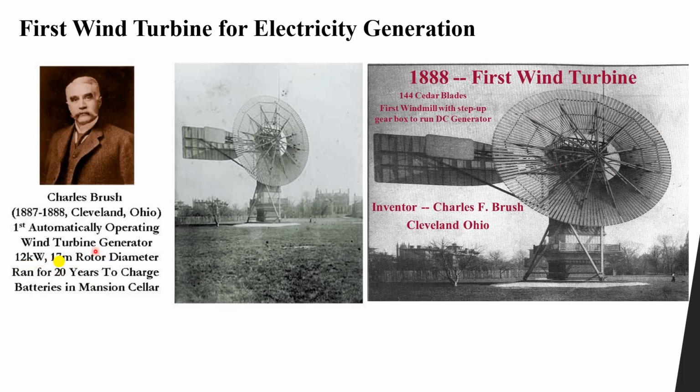The generator had a rated power of 12 kilowatts, and the diameter of this rotor, from here to here, was 17 meters. It was used for 20 years to charge batteries inside this location. The DC generator produced DC voltage which was used to charge batteries. That was the first turbine used.